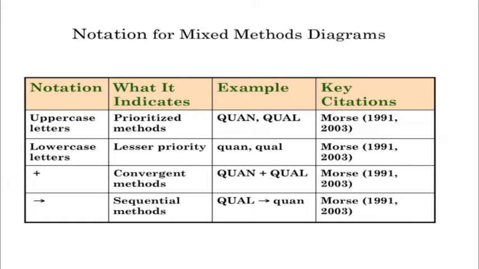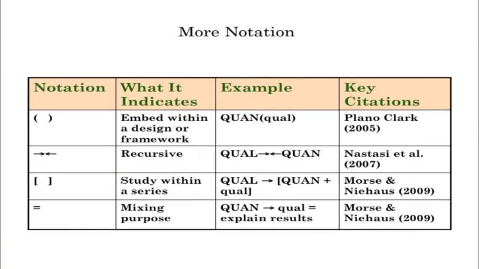Now there are other less used notation features out there that seem to have fallen out of favor in recent years. If you're going to embed a qualitative part within an experiment, for example, you might use brackets. You could have quotation parentheses also around different studies, around different parts of your project.